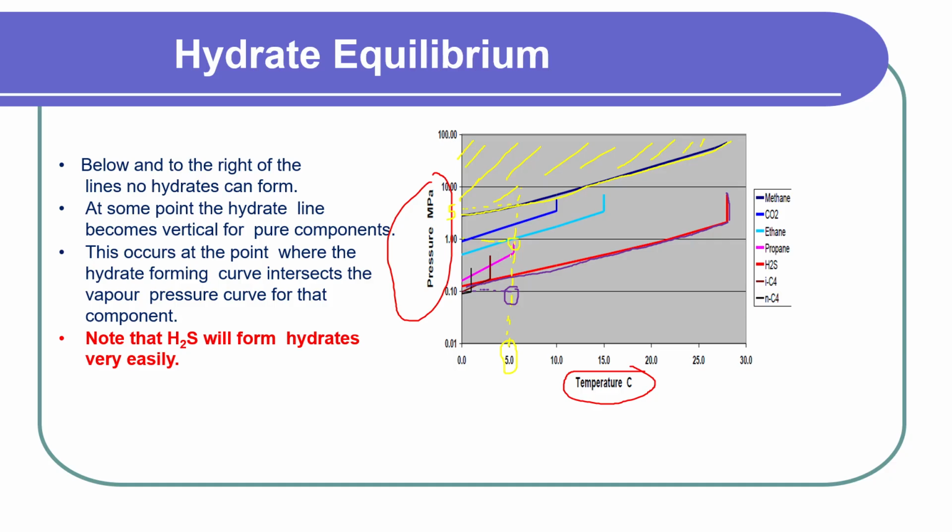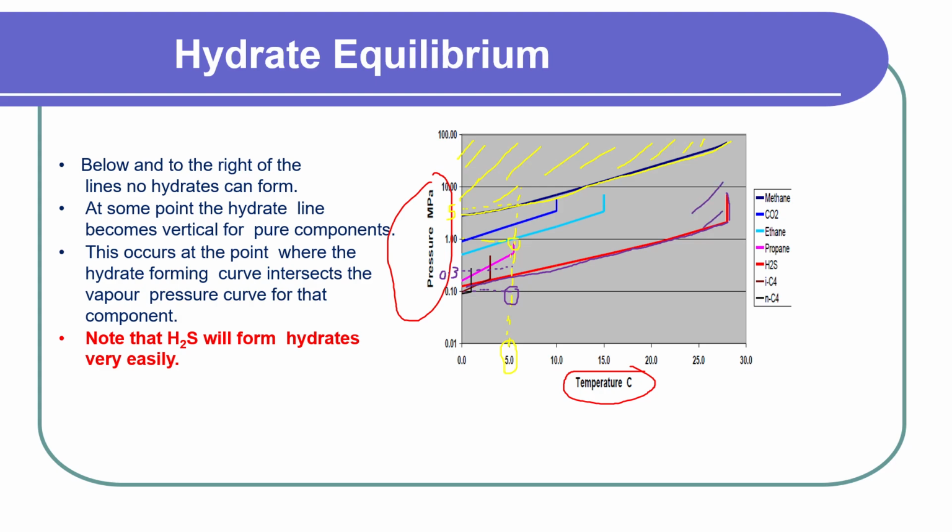But if you have 5 degrees Celsius and a pressure of around 0.3 megapascal, and you have only H2S, the hydrate will form.